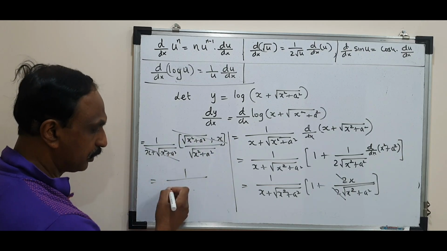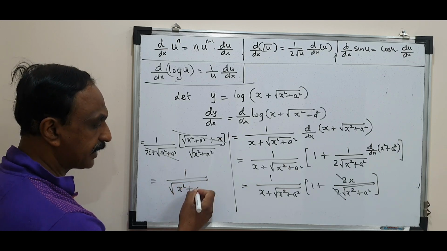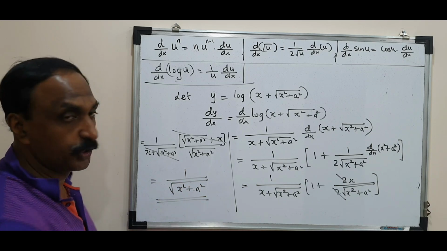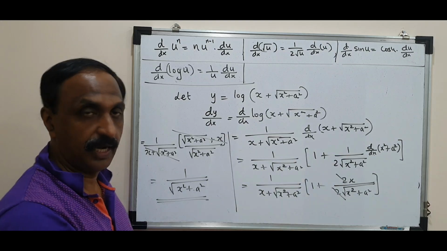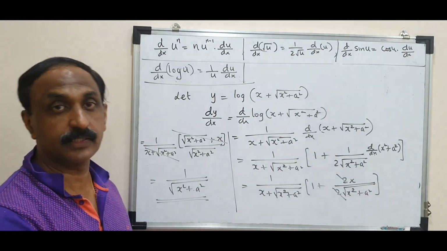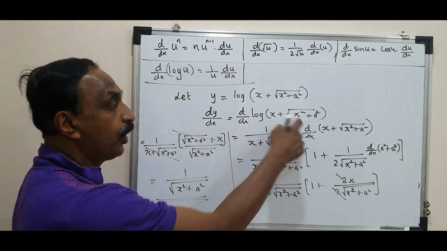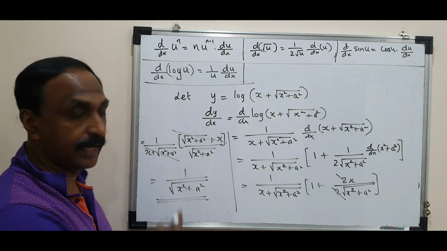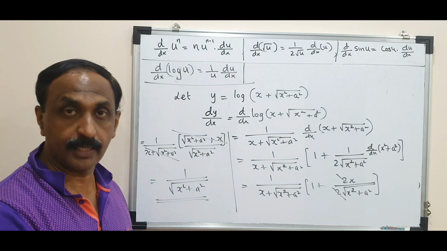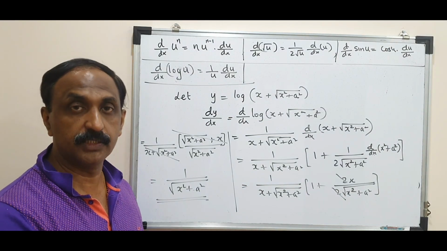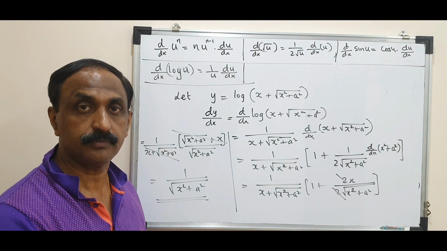So 1 upon root of x square plus a square. This problem is an important problem because of this cancellation. I showed you two places with a very good cancellation: log sec x plus tan x, and again log x plus root of x square plus a square. Problems with such beautiful cancellations are always important, and further we require them in other chapters.